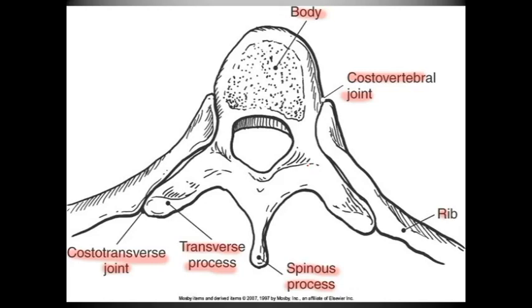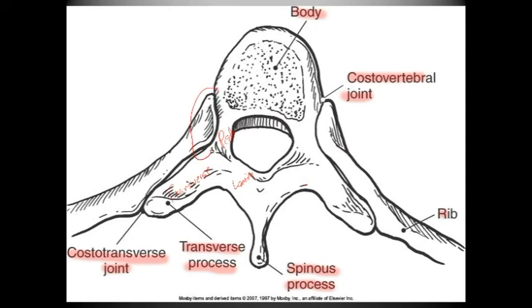And so here we see a thoracic vertebra, and we're seeing something a little different here, a different layout. We have the body, we have the pedicle, we have the transverse process, lamina, spinous process, but then we also see that we have articulation with the rib.